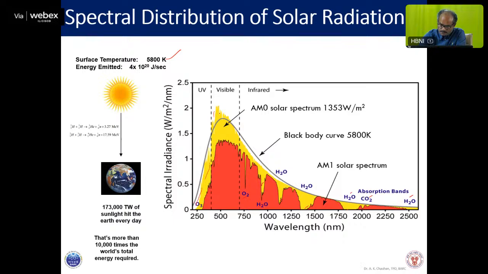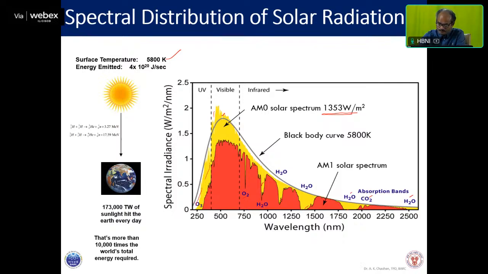So this spectrum, when it is here, the intensity at the outer surface is 1353 watt per meter square. So approximately 1.3 kilowatt, which is quite high.